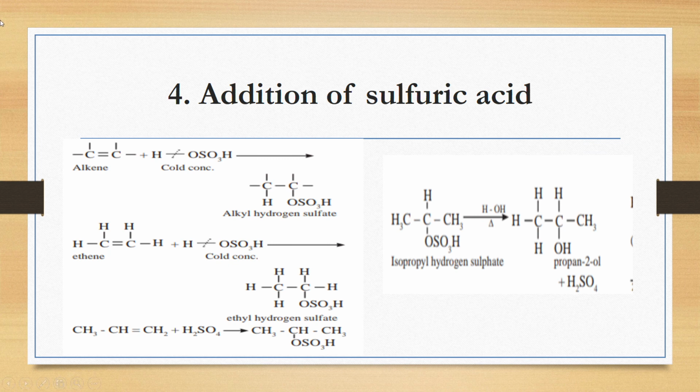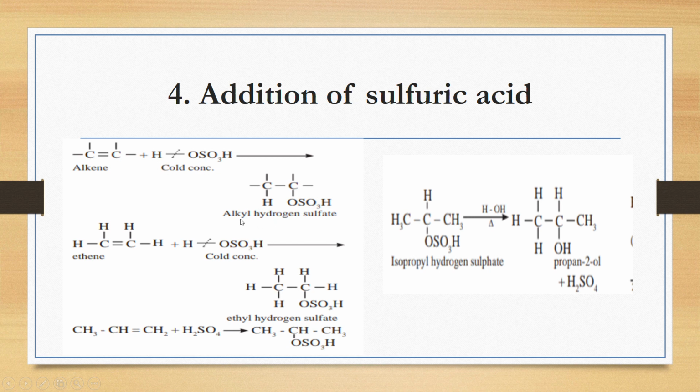Alkene is treated with cold and concentrated sulfuric acid, H2SO4. Now OSO3H is the negative part over here that will go to the carbon having lesser number of hydrogen, because according to Markovnikov's rule the addition will take place. Hydrogen will go to the another carbon atom.